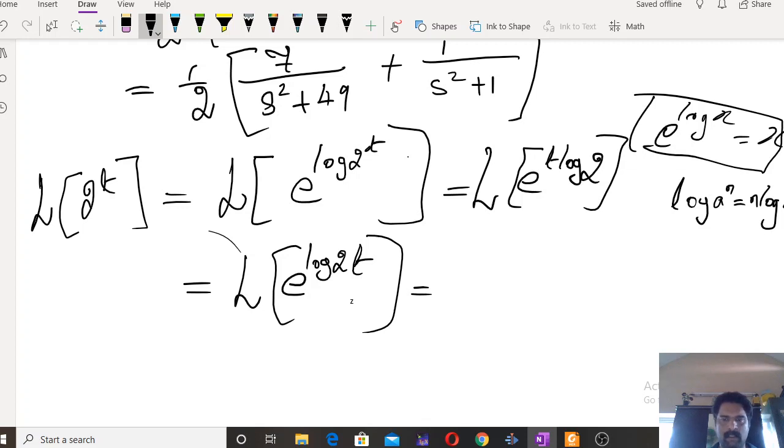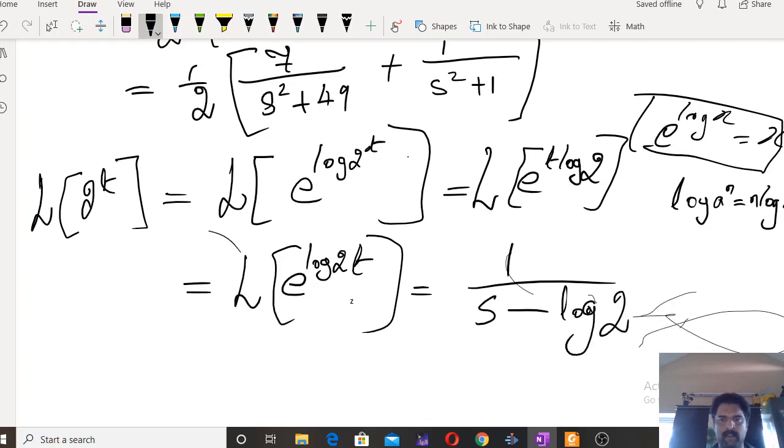The Laplace transform of e raised to at is 1 by s minus a, so it is 1 by s minus log of 2. So this is actually a simple one, but it needs some tricky calculations.